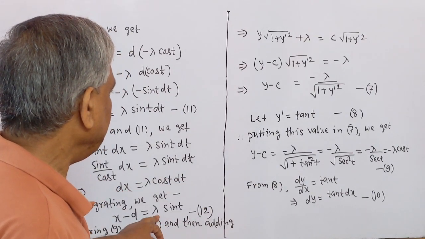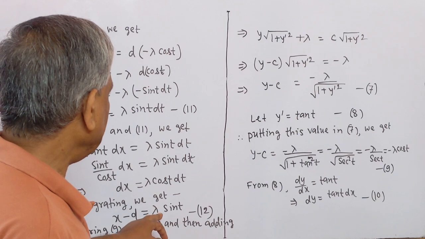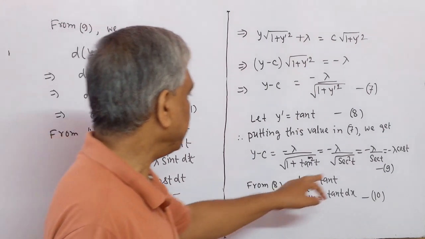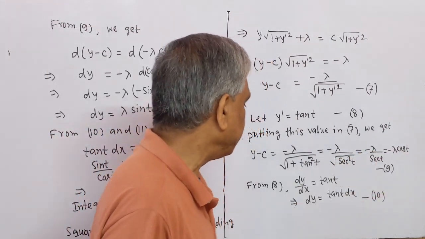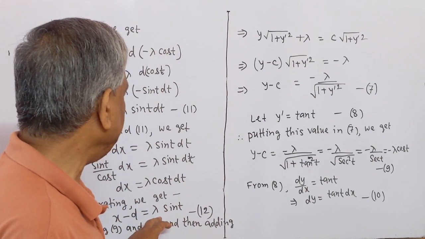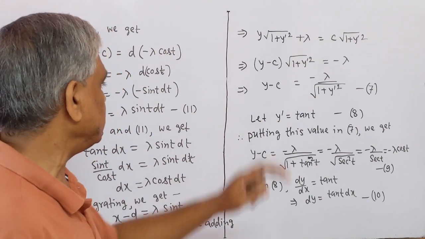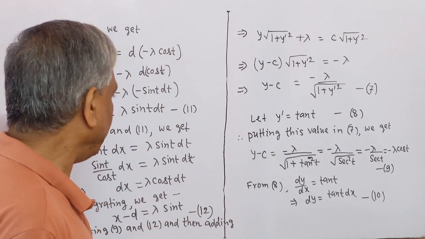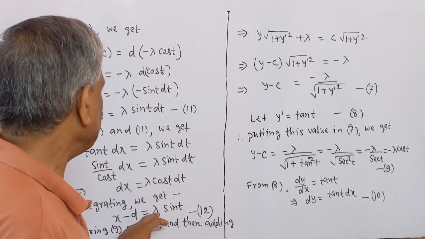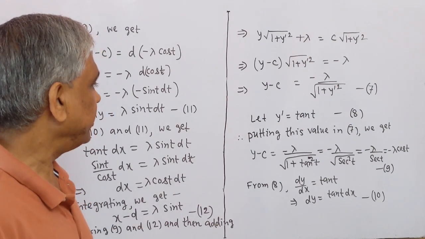This is lambda square sin square t, plus lambda square cos square t. So if we take lambda square common, sin square t plus cos square t will be 1, only lambda square remains on the right side.